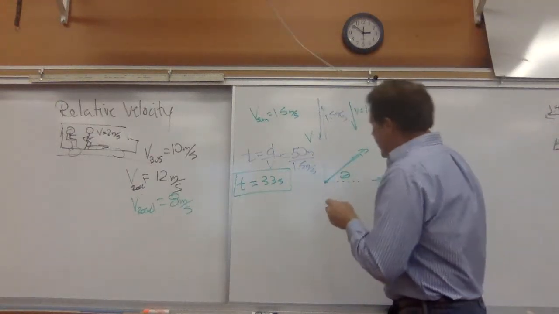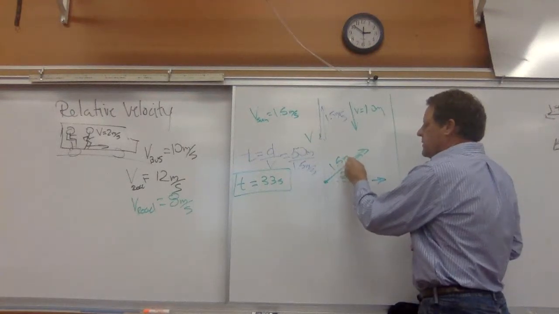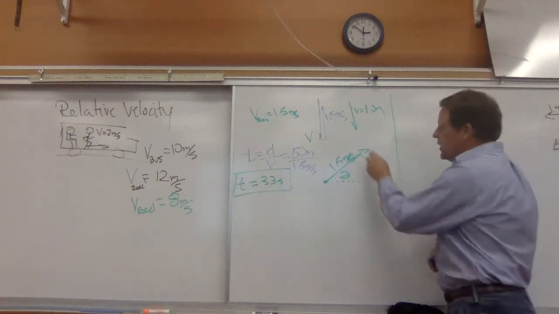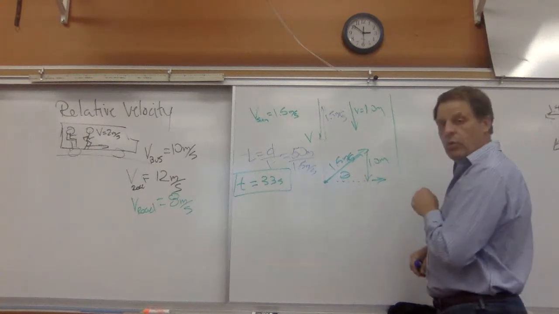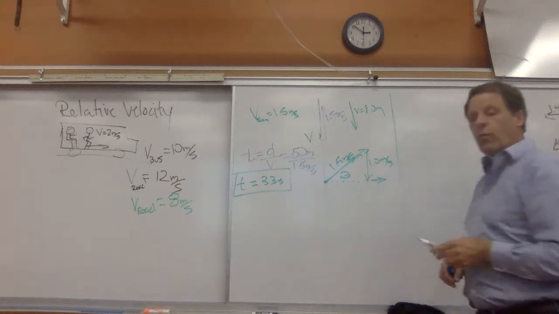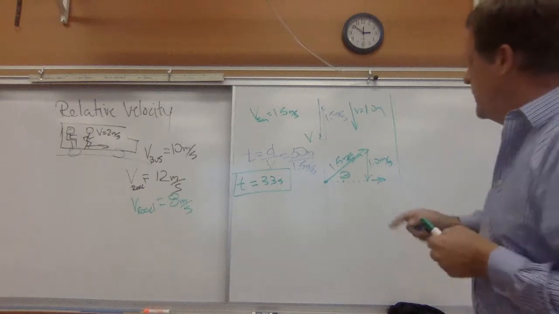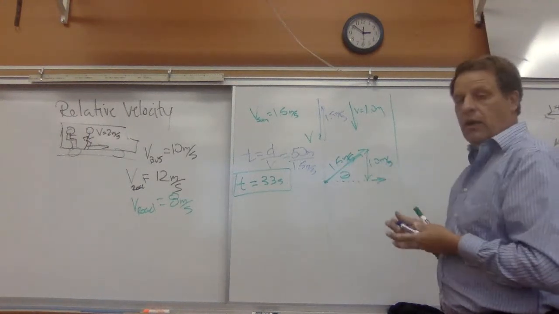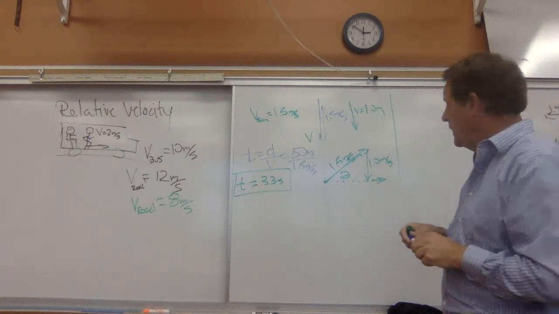So again, we know that in still water, you can swim at 1.5 meters per second. And we know that the stream has a new velocity of 1 meter per second. Now we can do a little trick. Remember, this 1.5 is our hypotenuse, and our opposite side is going to be 1.